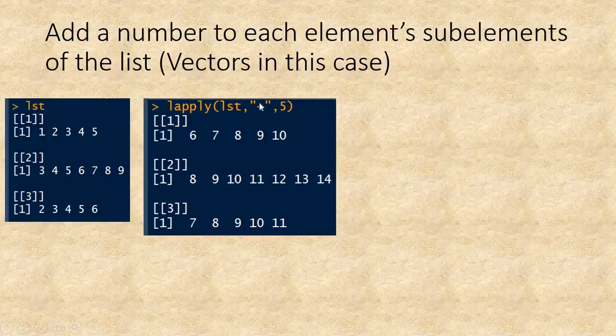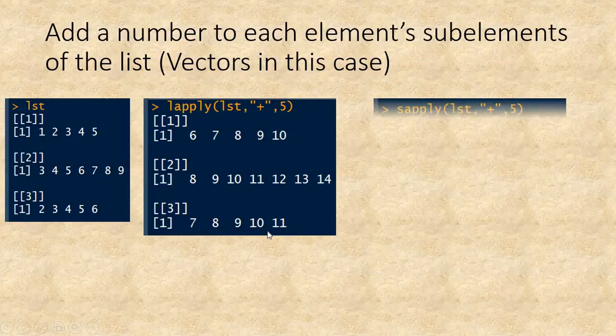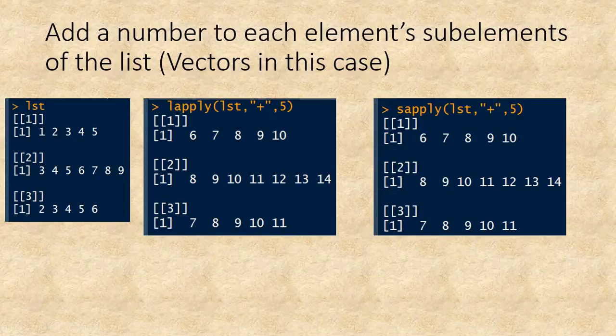Then you will have to use the plus sign. It means add 5 to each of these elements. So as you can see, 1 plus 5 is 6, 2 plus 5 is 7, 3 plus 5 is 8, and so on. The output of lapply and sapply will be of the same type.